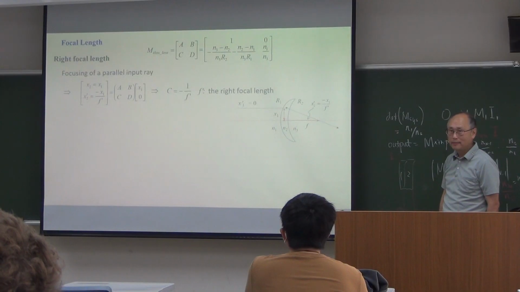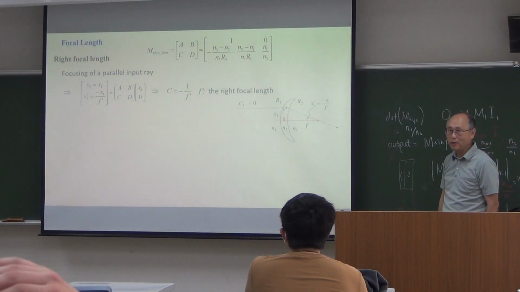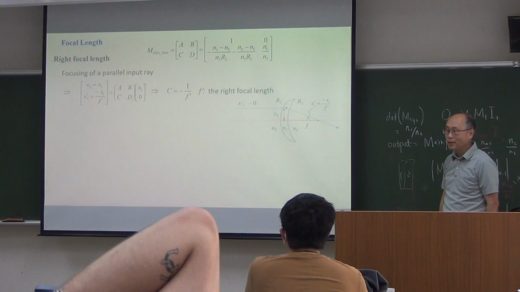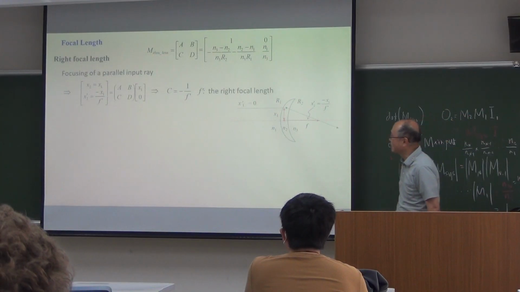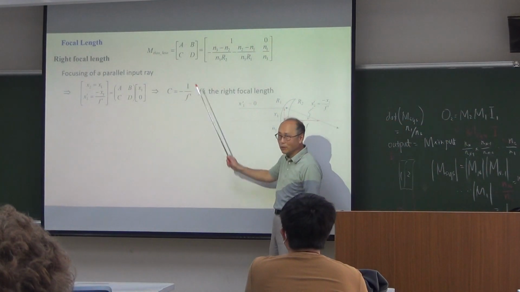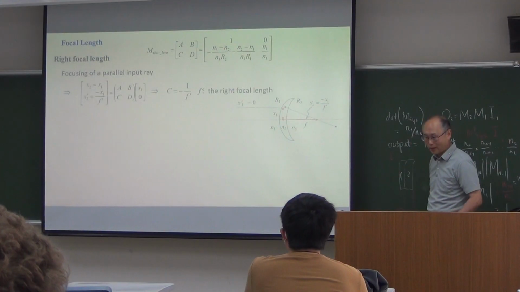Any question? This could be the most important thing you want to learn when you have an ABCD matrix. Next time when you see C, immediately you have this in your brain.